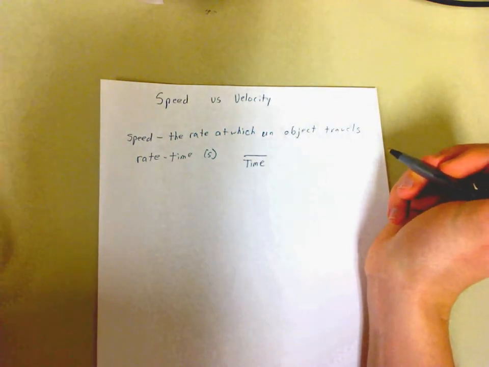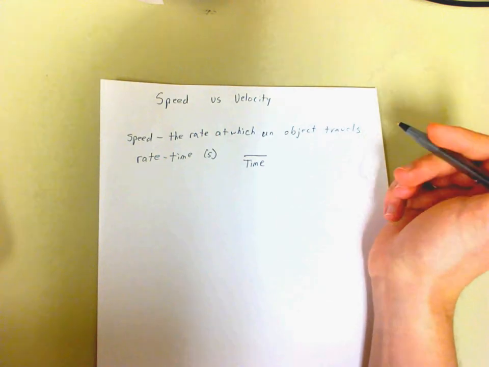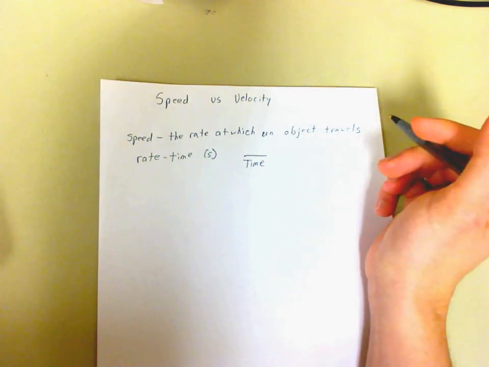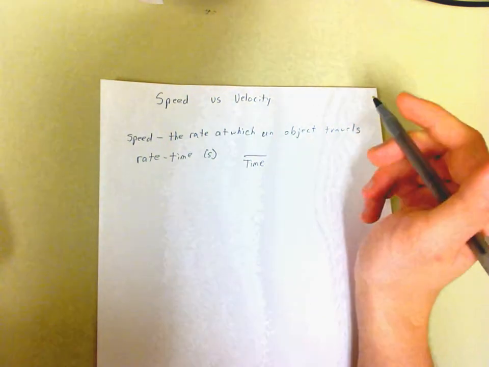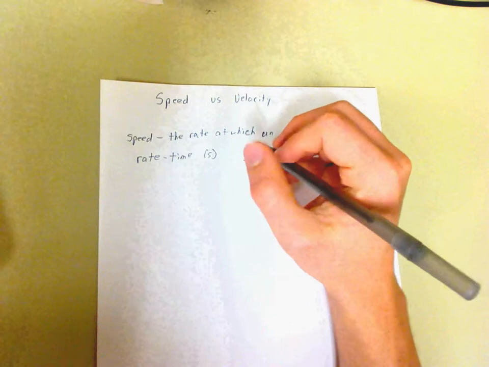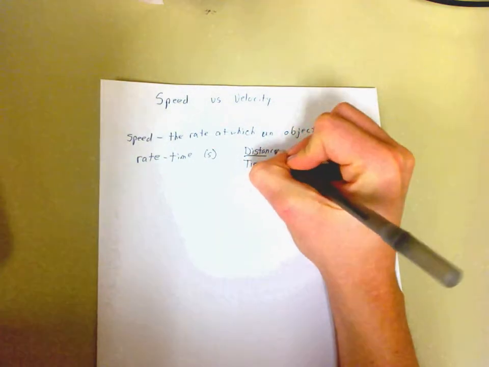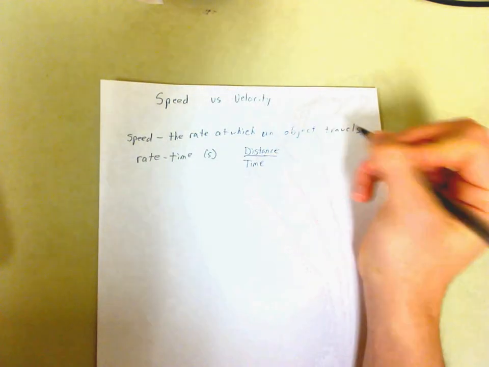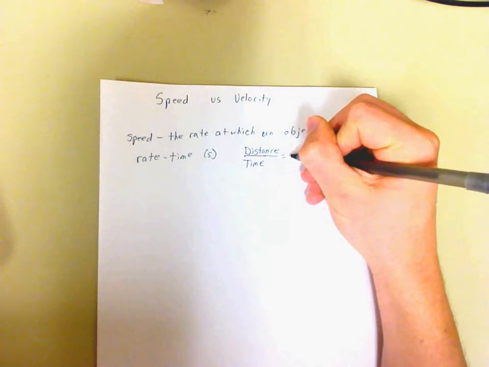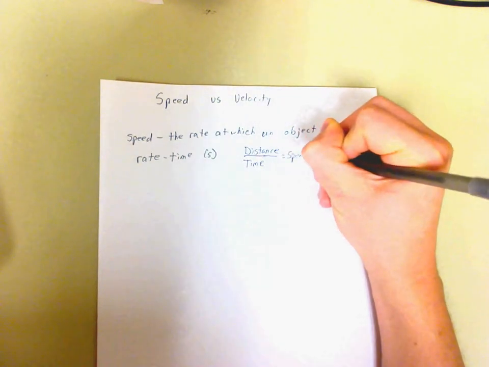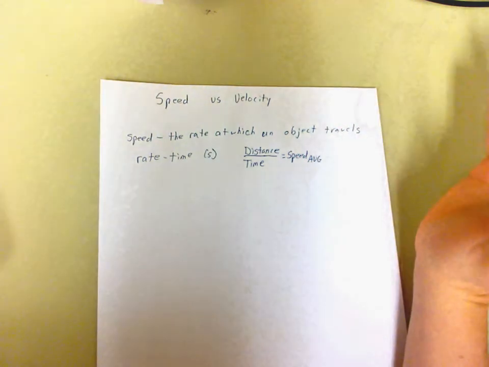And you want to know how far your object travels, because that way you can see it traveled 1 kilometer in this many seconds or in this many minutes. And so you have a distance and a time. And so your distance over your time, or distance divided by time, gives you your speed, or rather average speed, because you're taking into account the entirety of the trip.